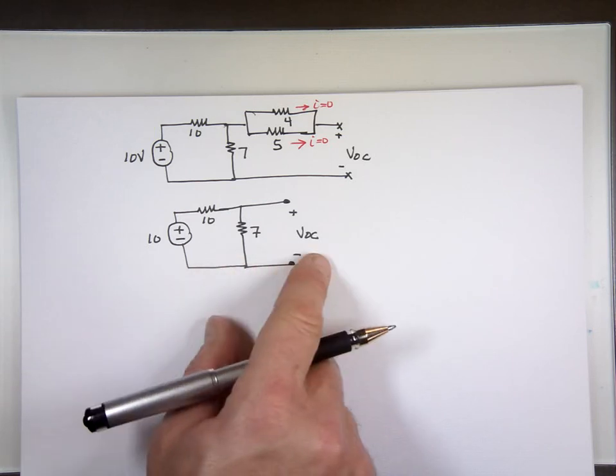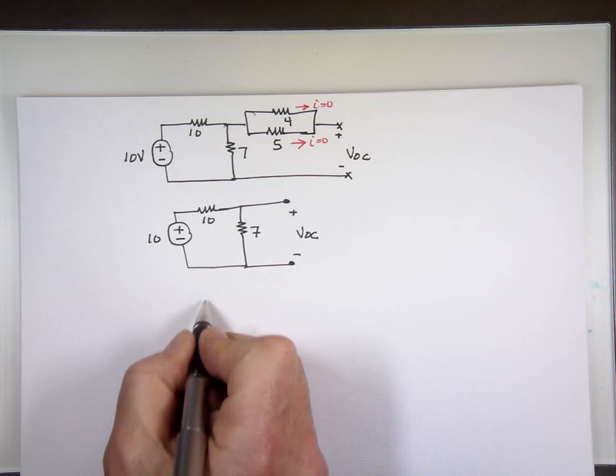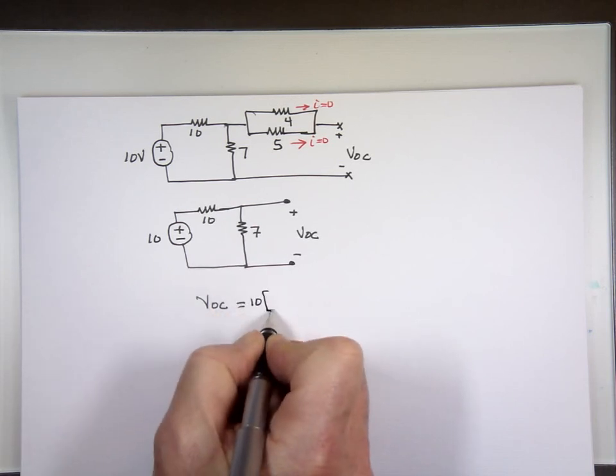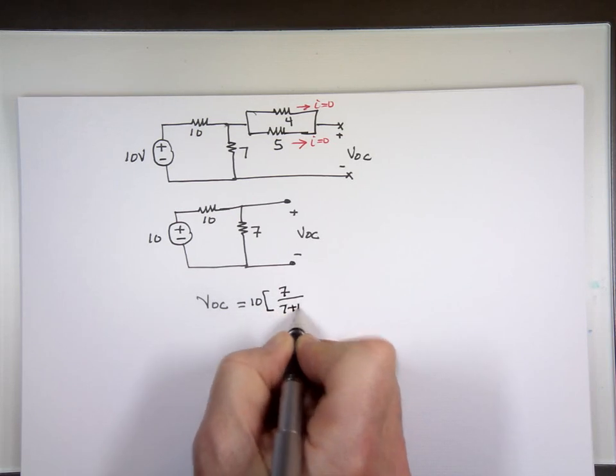And now the voltage V open circuit becomes the voltage across the 7 ohm. So what is that voltage equal to? It's voltage division. 10 times 7 over 7 plus 10.